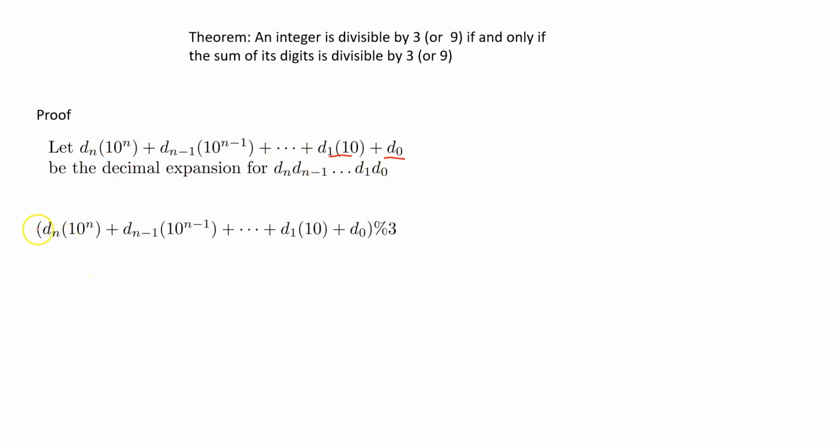And then let's see what happens when I take the remainder of a big number like this, modulo 3. When I say modulo, I mean we're taking the remainder when we divide by 3. Well, because of our theorems that say modulo can interact with sums and products, we're allowed to bring this modulo inside of everything here. So I can take each of the powers of 10 modulo 3.